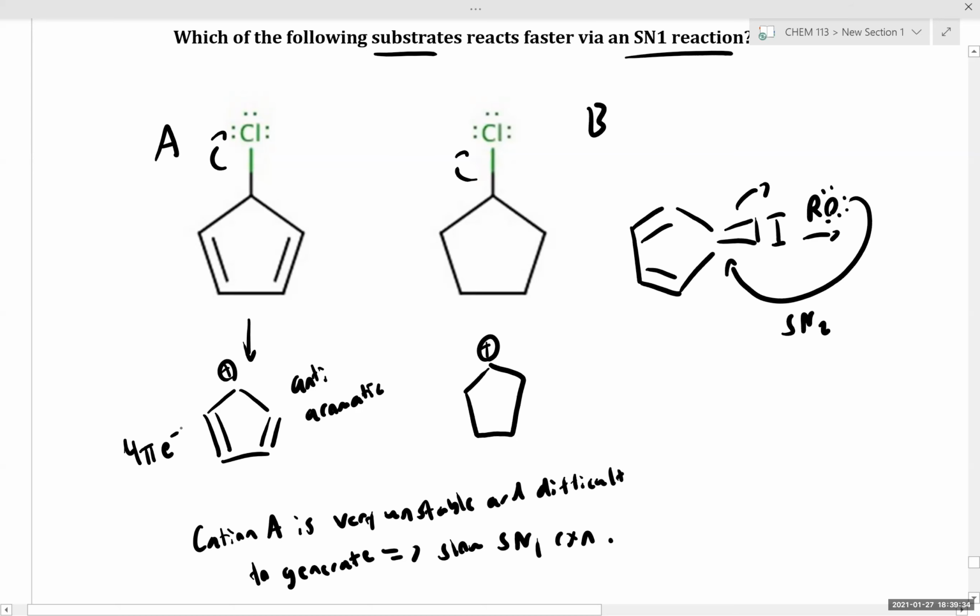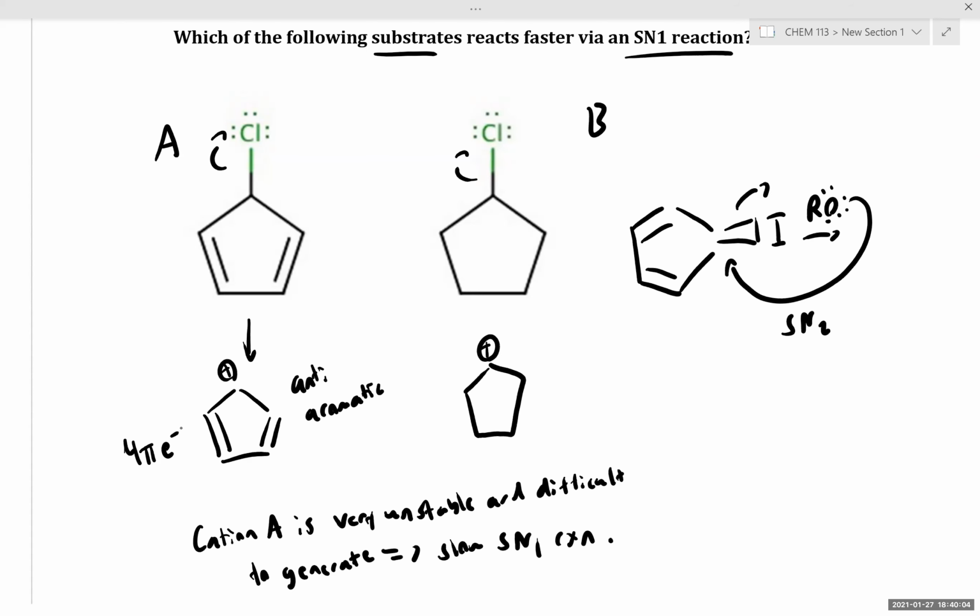As you can see, this idea of aromaticity and anti-aromaticity pops up in examples that may seem almost a little pre-packaged at first glance, but are more common than you would expect. When you deal with these anti-aromatic intermediates, it's very difficult to generate anti-aromatic systems, and as a result, that increases the activation energy for this substrate to engage in SN1 reactions.